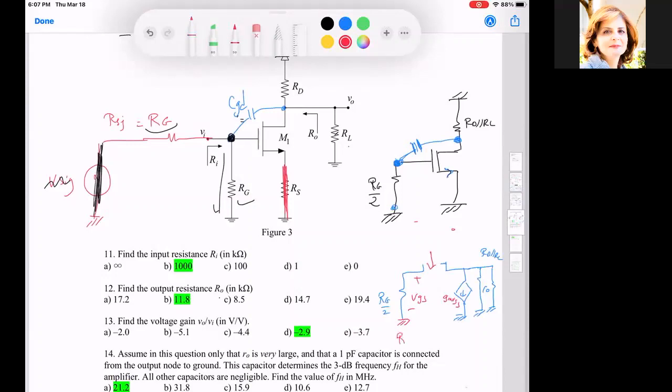So this would be RXY, which is RG over 2 plus RO parallel RD parallel RL plus gm times RX times RY. RX is this one and RY is the parallel of those two. So this is what we find for CGD.